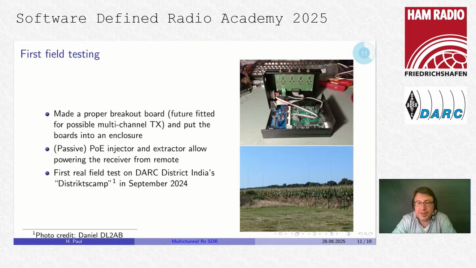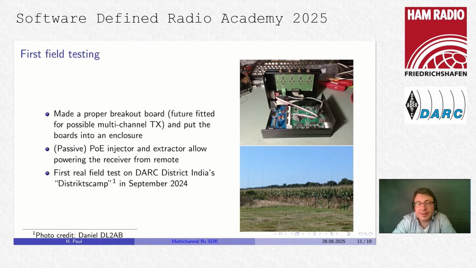So that was last June, and then later in September we had a field day scheduled. So I prepared an enclosure for my boards, for the FPGA board as well as the receiver board. And there you see there's now a different breakout board. It's a blue one.